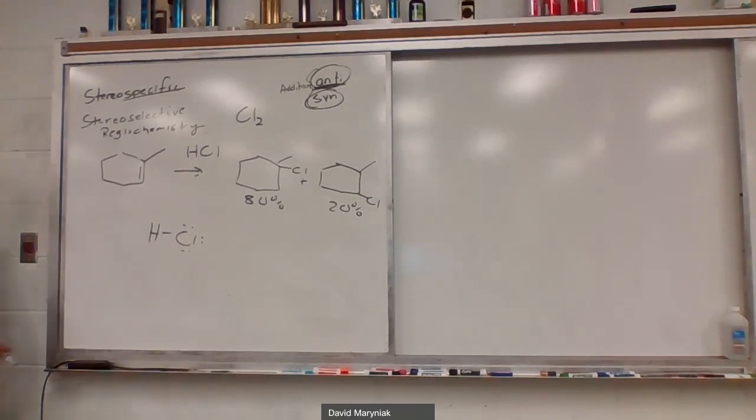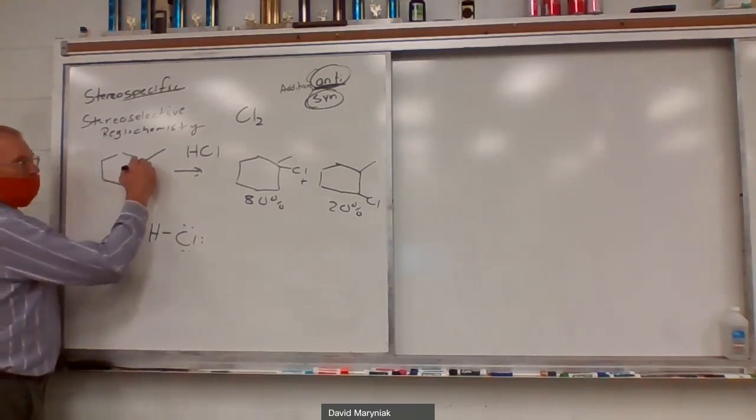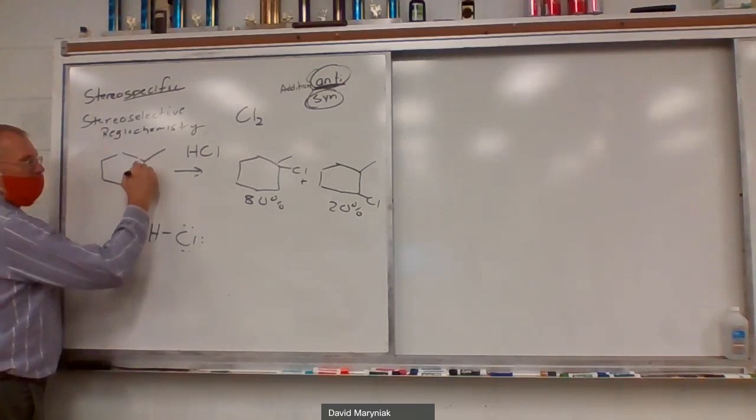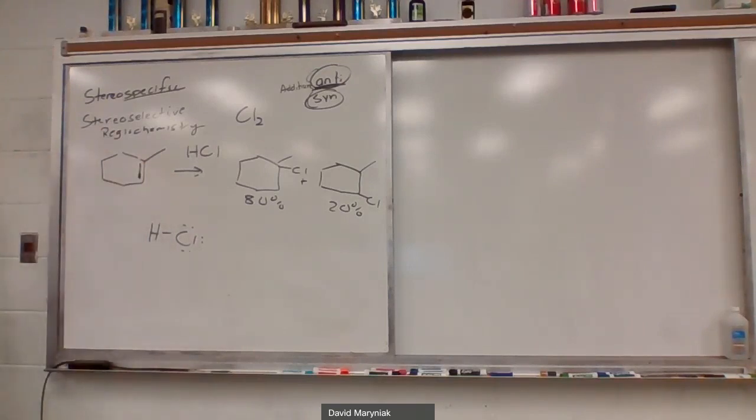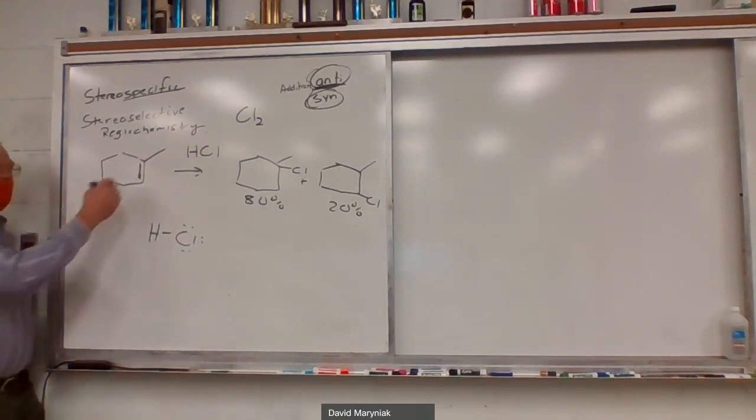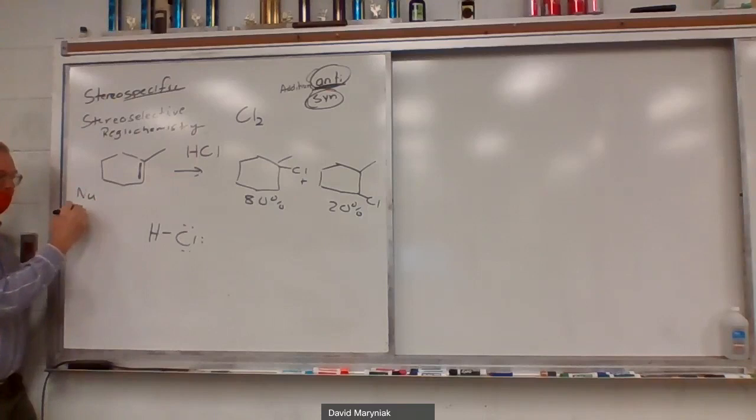And in your proposed mechanism with all of this, should you embrace the concept of, is your ene going to be a nucleophile or an electrophile? Is this, your ene, going to be a nucleophile or an electrophile?